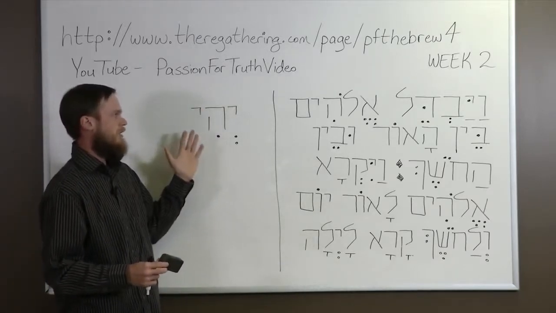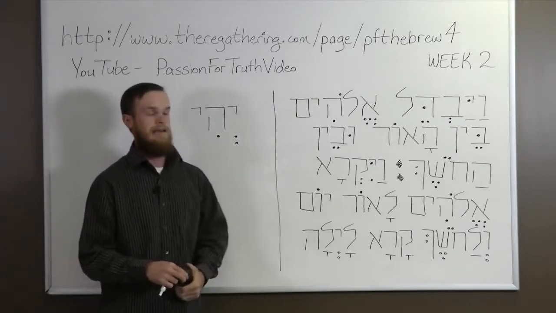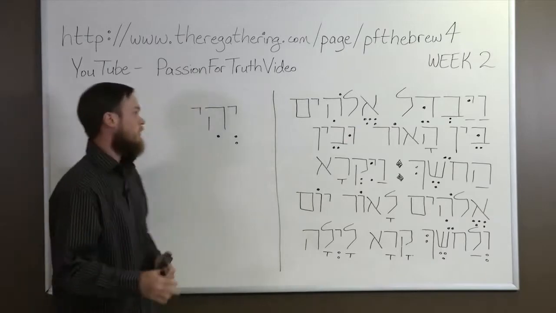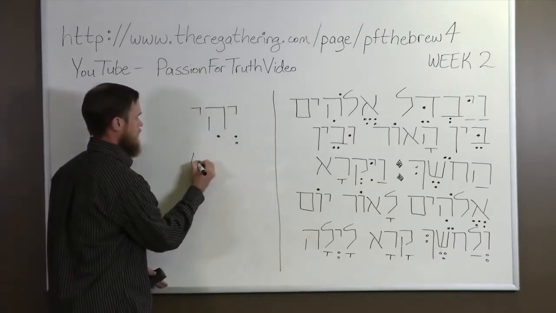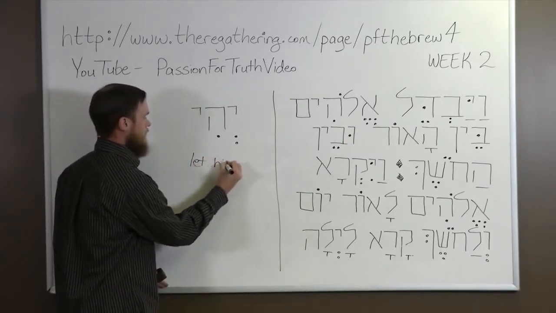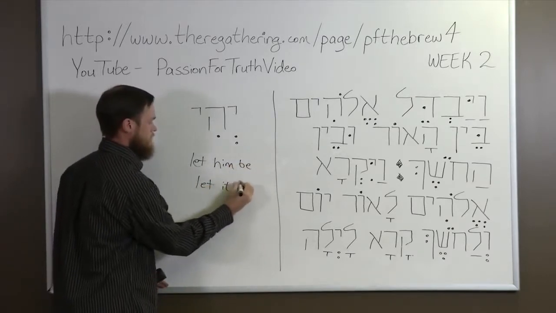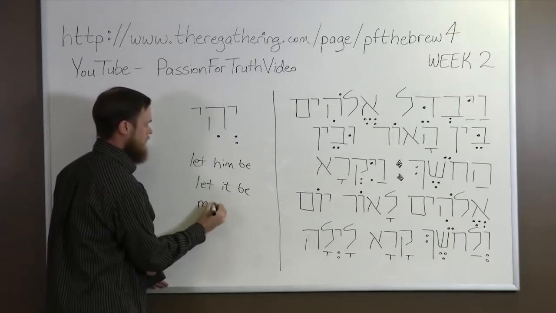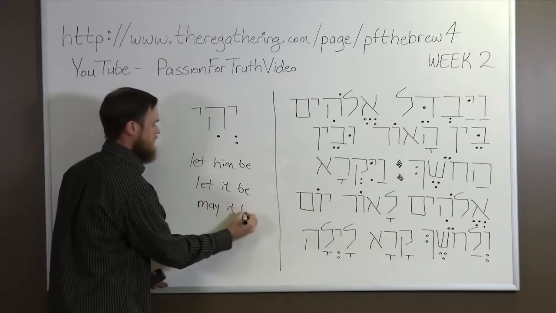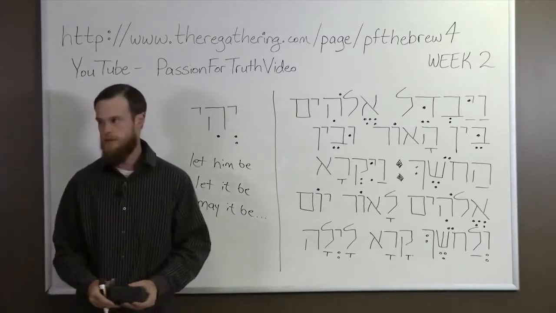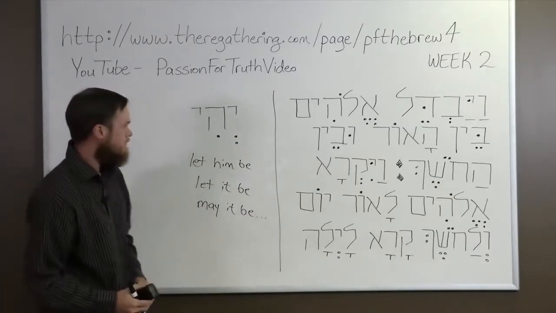It is third person, masculine, singular, and it is the jussive future tense. So, let him be, or let it be, or may it be. These are all potential renderings of Yehi.